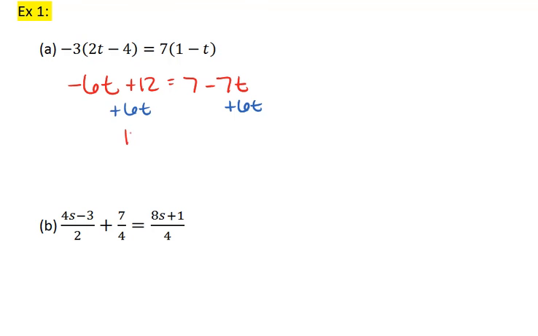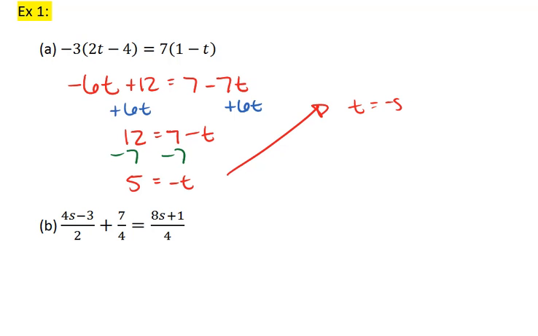We get 12 equals 7 minus t. Subtract 7 from both sides. We get 5 equals negative t, or t equals negative 5 when we divide by 1. So we have a single solution.